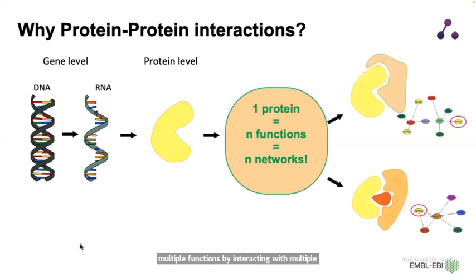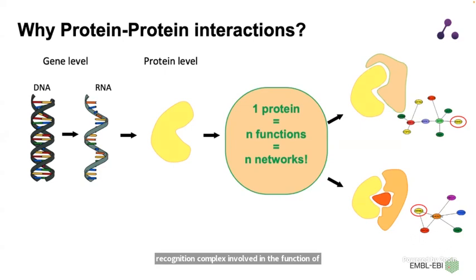In the example given here, we have beta-arrestin. In the first network, beta-arrestin is interacting with NK tumor recognition protein, which is a component of a putative tumor recognition complex involved in the function of NK cells.